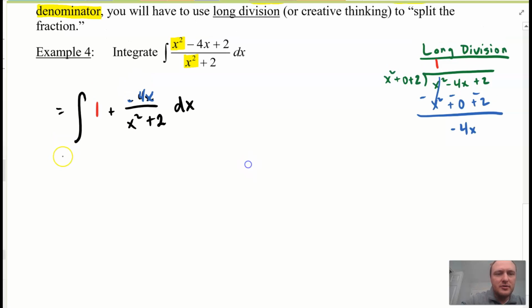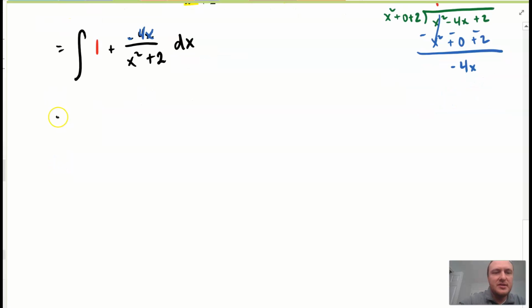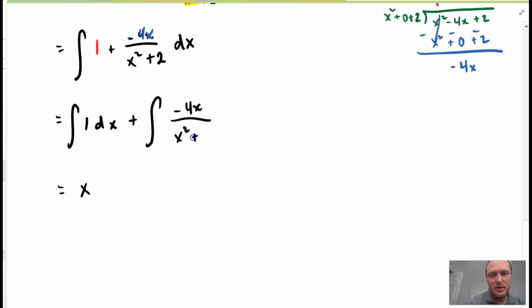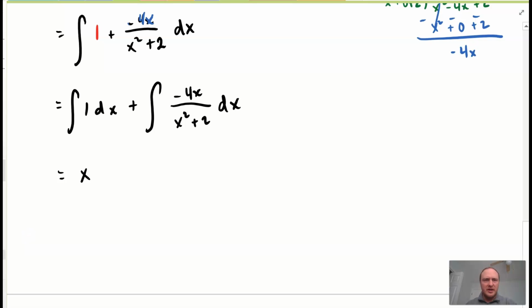And what I want to do is I'm going to split this, because this is much easier. The integral of 1 is just x. We know that that's just x, okay? Plus the integral of negative 4x over x squared plus 2 dx. Okay, so I want to integrate this.